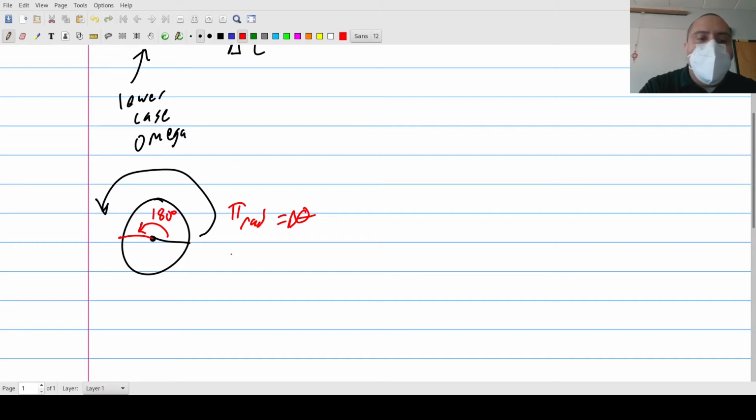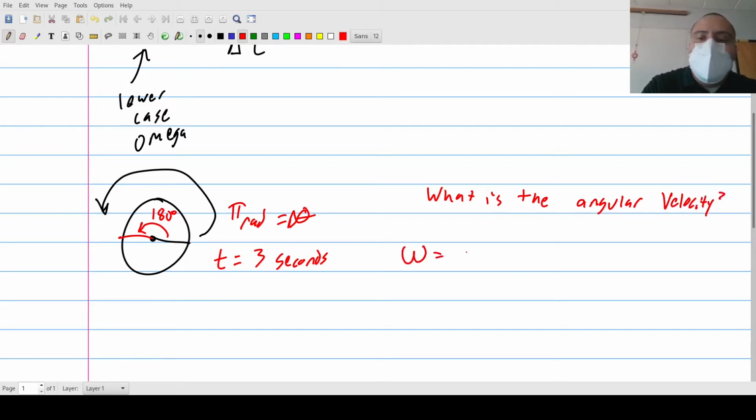Okay, so we have that, and maybe the time it takes to do this is 3 seconds. And I want to know what is the angular velocity. So it's pretty simple to figure out. Omega is equal to delta theta over delta t.